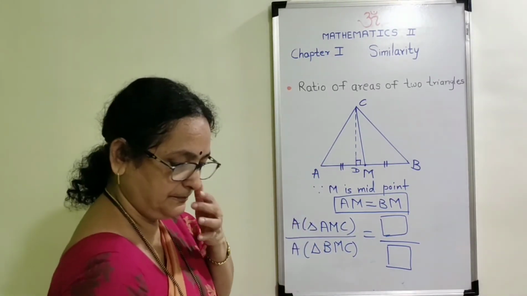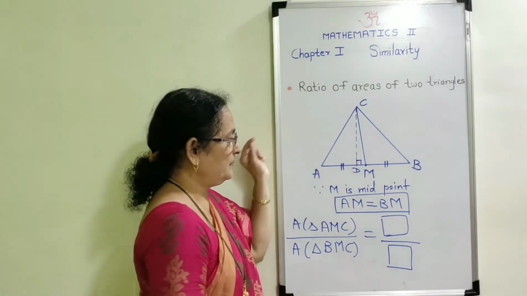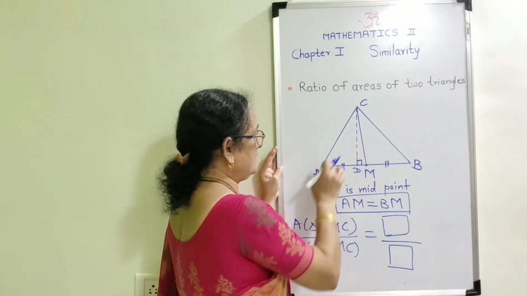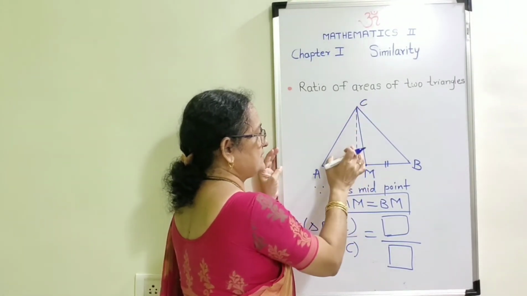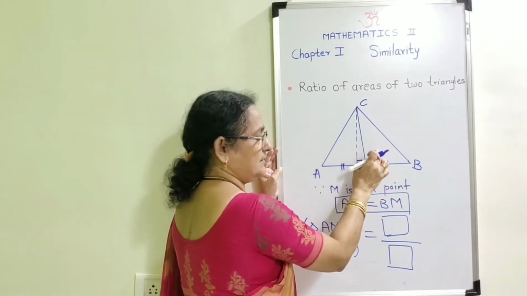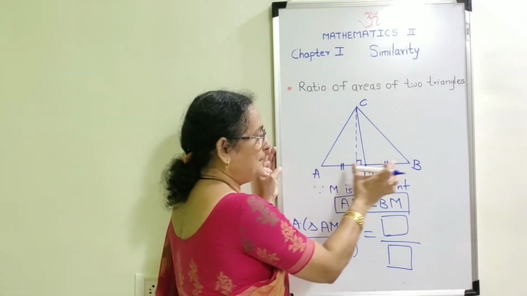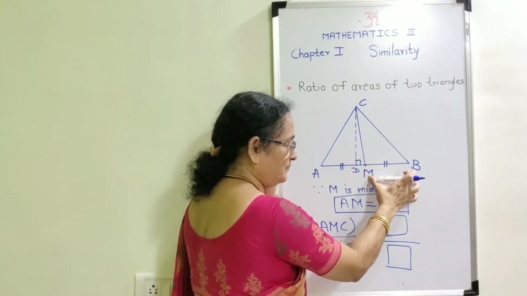Now first of all, observe the figure. We have discussed this figure already. The first triangle is AMC, the smaller triangle. The second is BMC, the smaller triangle. Base of the first triangle is AM, base of the second triangle is BM.